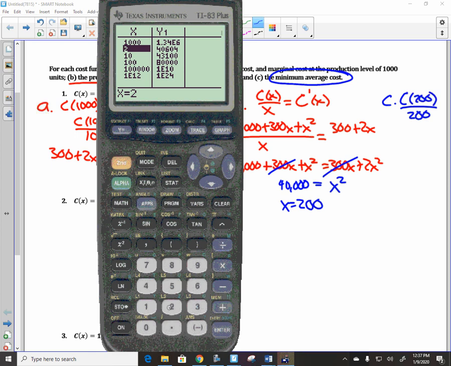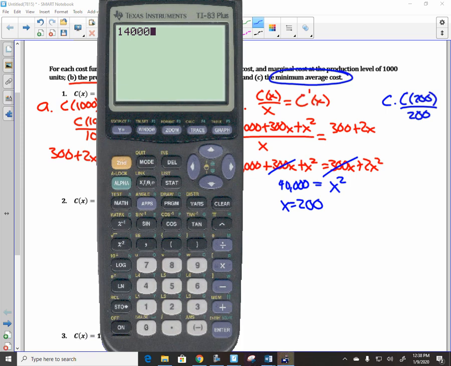Could I find the cost of producing 200? Yeah, it looks like it's 140,000. What am I then going to do with that 140,000? Divide by 200. So if you take 140,000 and divide by 200, you just get 700.